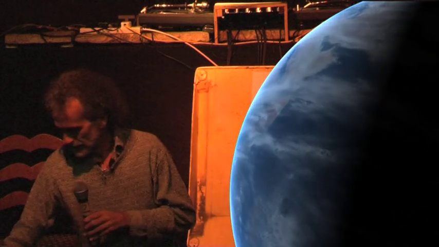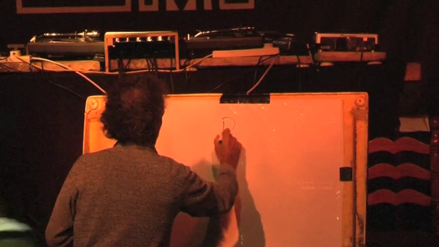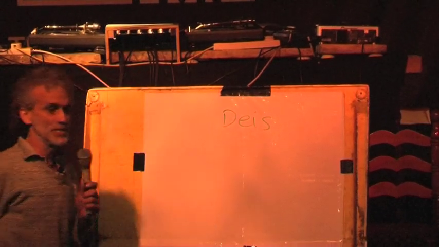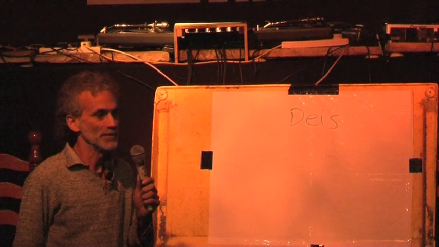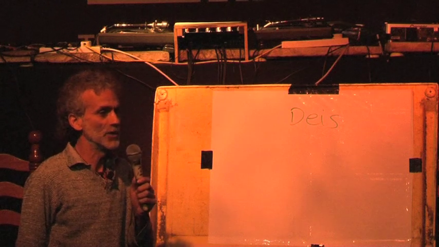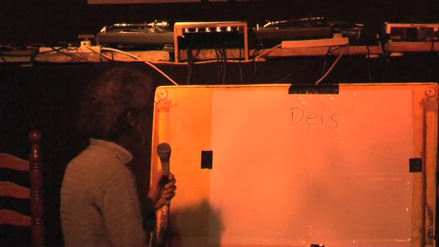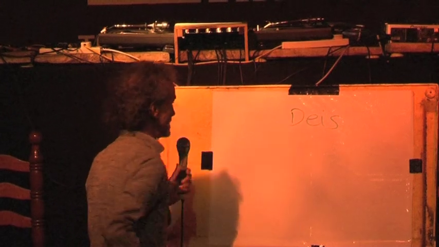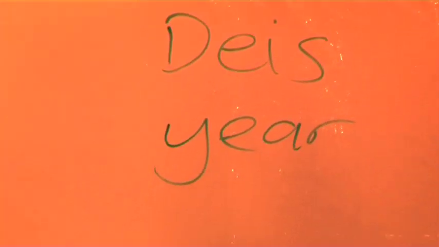two cycles that we are very familiar with, the day and the year. Day comes from the word God, Deus in Latin. So the sun is the producer, gives us the cycle of the day, and as he was called in ancient times, he was known as the god of day. Therefore day, Deus. And the other cycle is the year.